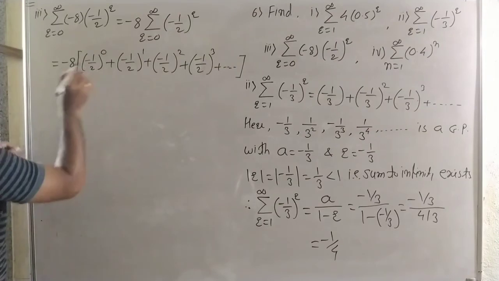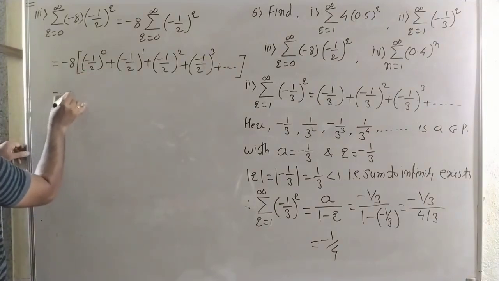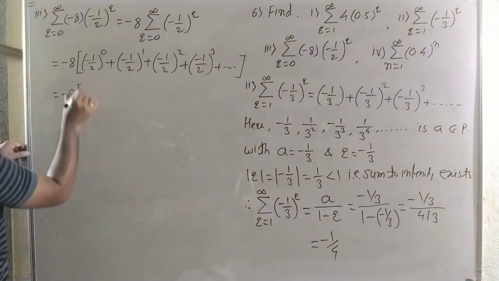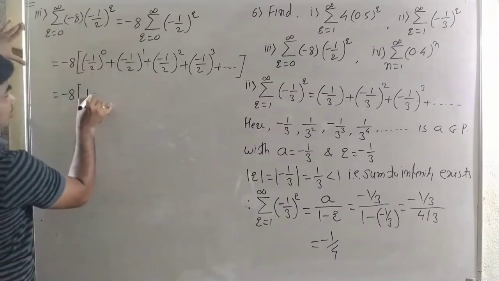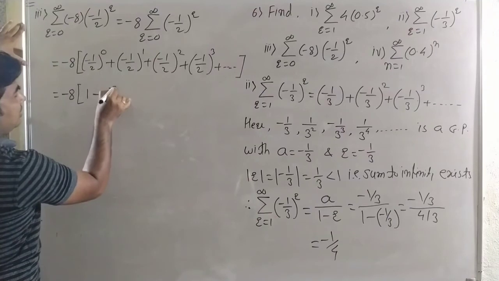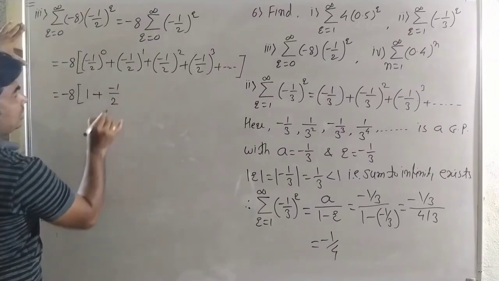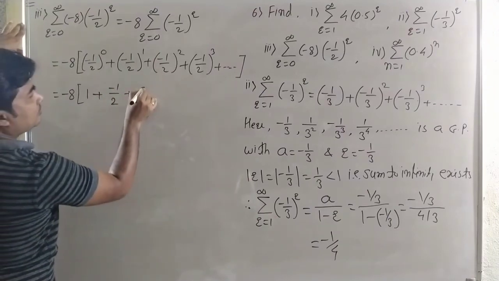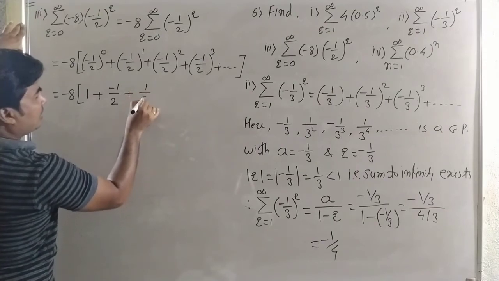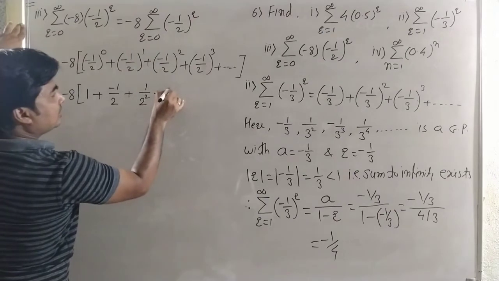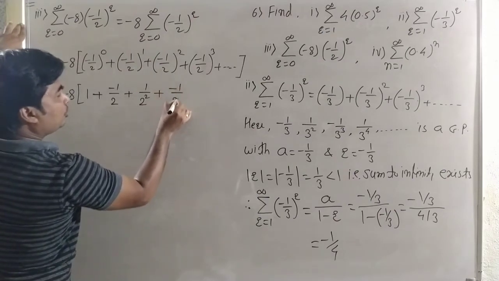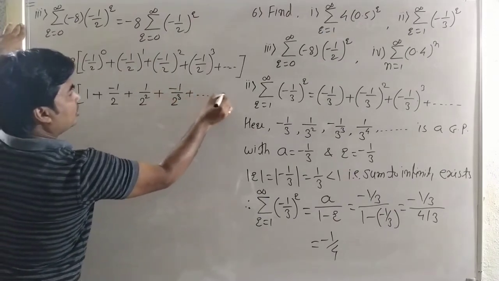Okay. Now again this can be written, it is minus 8 into, it is 1, minus 1 by 2 to the power 0, it is 1, plus here it is minus 1 by 2, see carefully, plus it is 1 by 2 square, again plus it is a minus 1 by 2 cube plus and so on up to infinite.